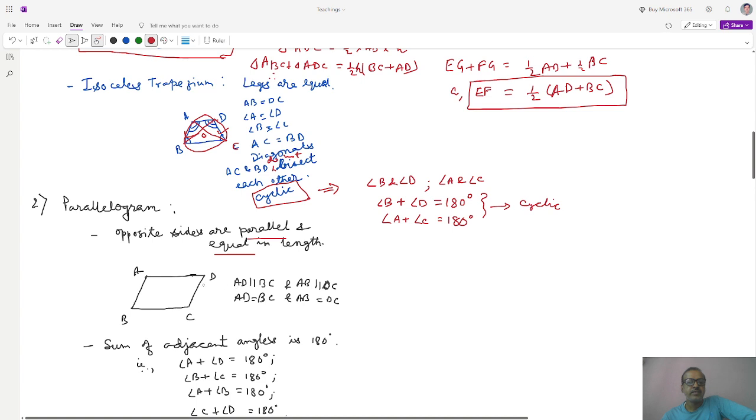That is, in this figure ABCD, AD parallel to BC and AB parallel to DC, so it is known as a parallelogram, right?